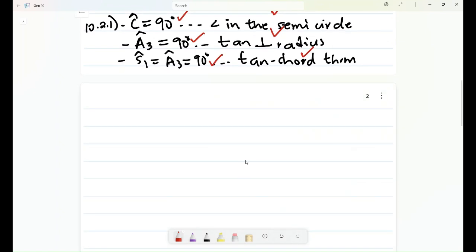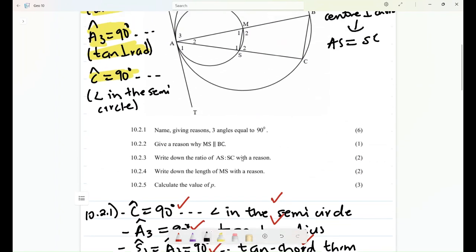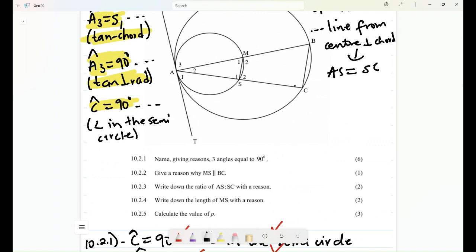Now, 10.2.2. I'm asked to give a reason why MS is parallel to BC. This is 90. This is 90. This is 90. The question says give a reason why MS is parallel to BC.